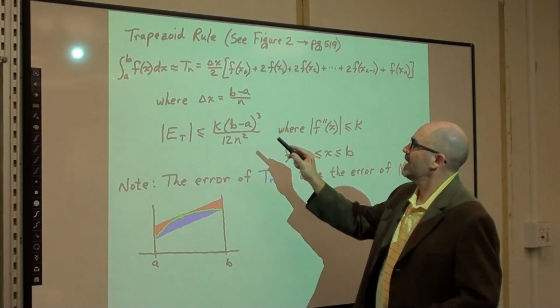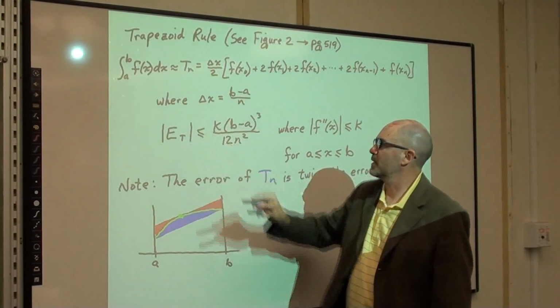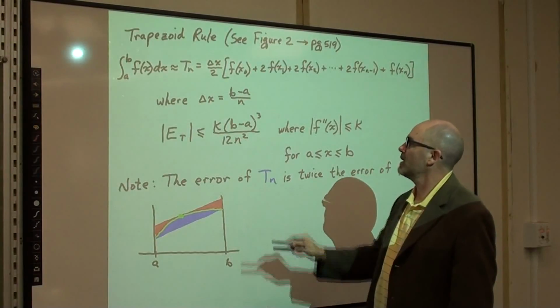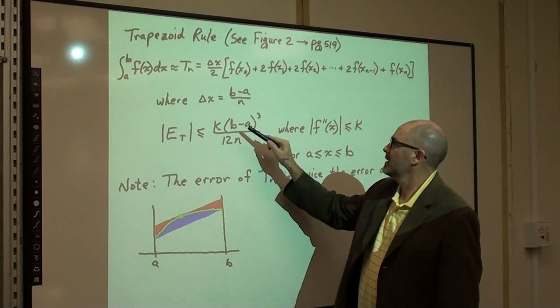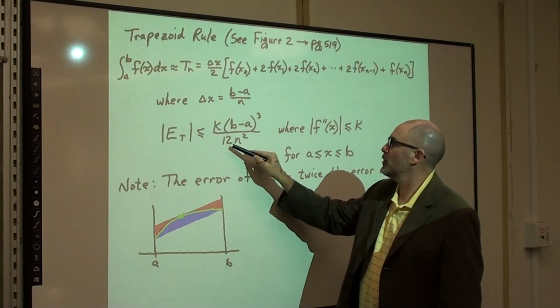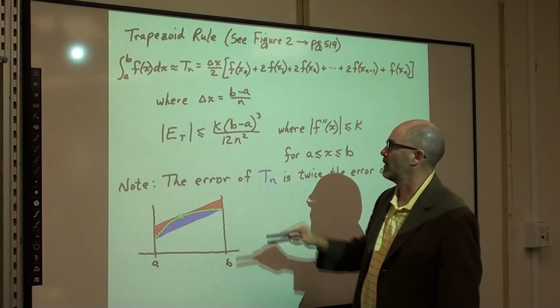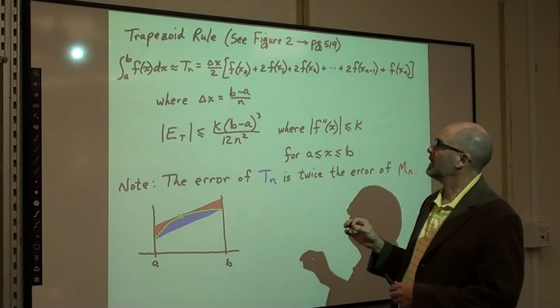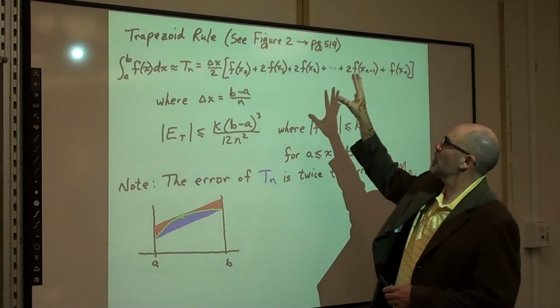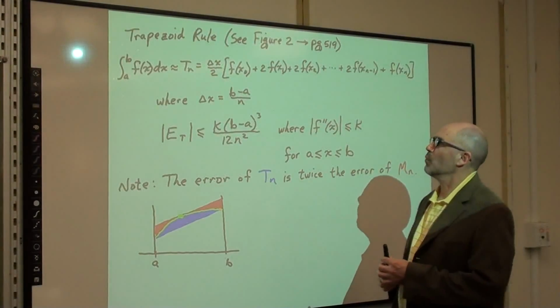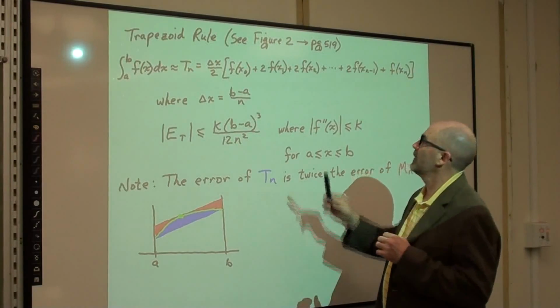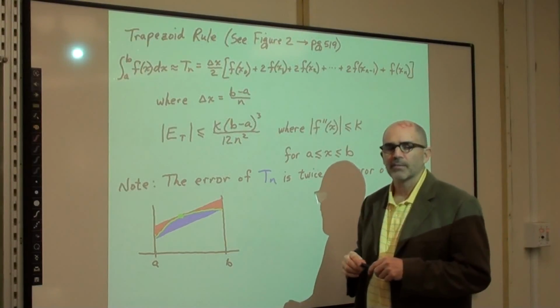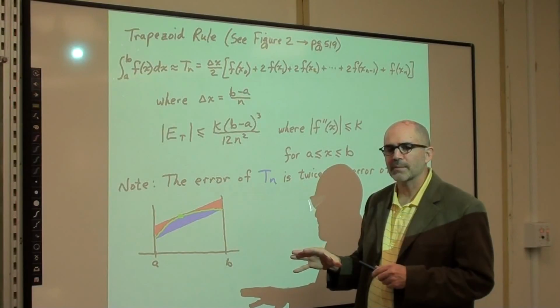Now, the error in the trapezoid method is going to be K times (b minus a) cubed over 12n squared. If you look at figure 1 and figure 2, it really seems like the trapezoid method is a closer approximation.